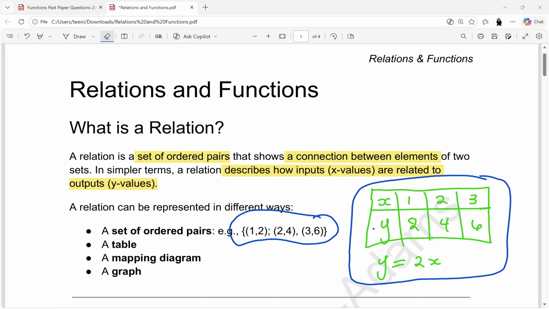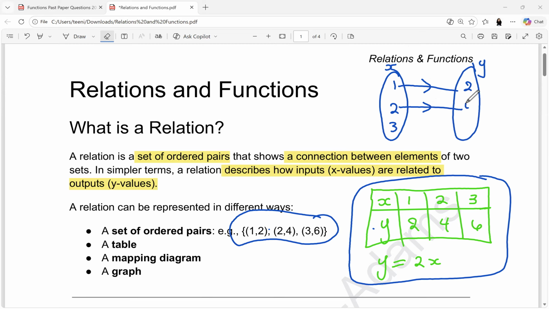You'll have your domain and your range or codomain. Here, this is your x values and this is your y values. So you'll have 1, 2, 3, and 1 maps onto 2, 2 maps onto 4, and 3 maps onto 6. So that's the set of ordered pairs, the table, and the mapping diagram.